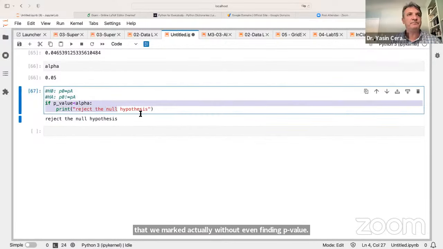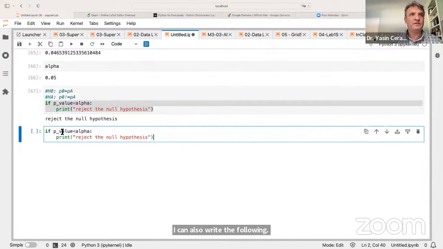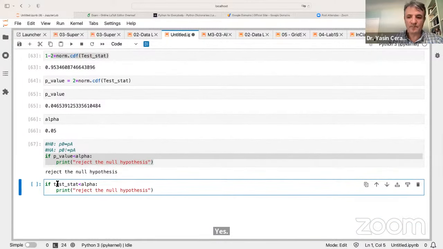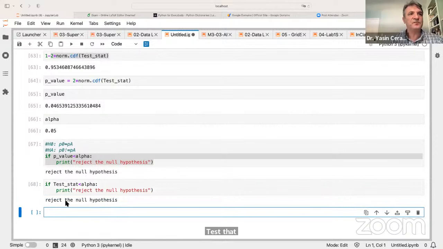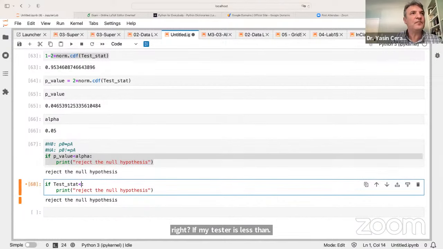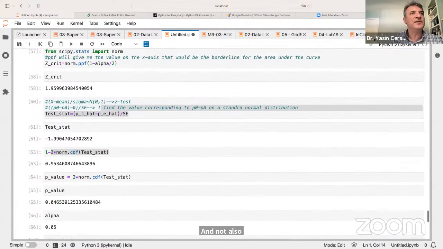If the test stat is less than, not alpha, what is that?